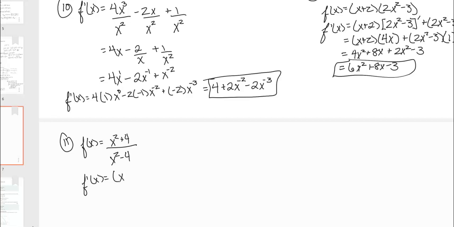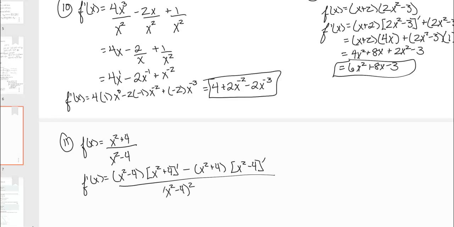Quotient rule says it's the bottom times the derivative of the top. So I'm doing a setup step. Minus the top times the derivative of the bottom all over the bottom squared.